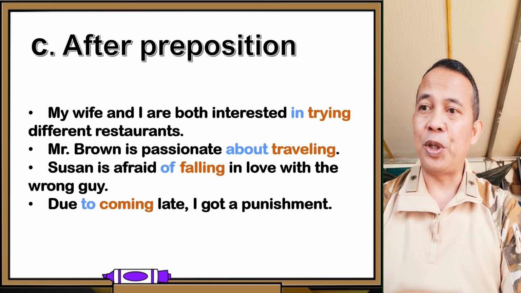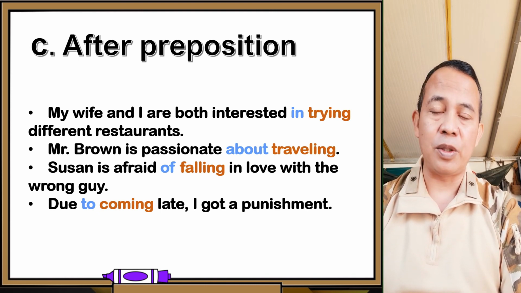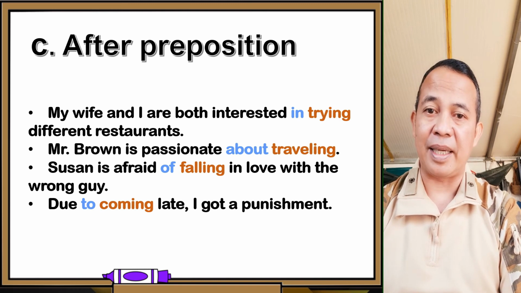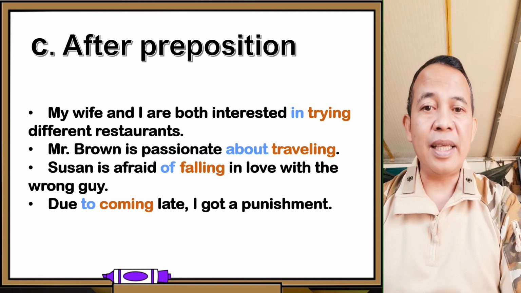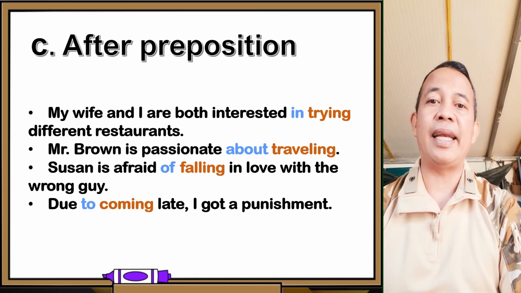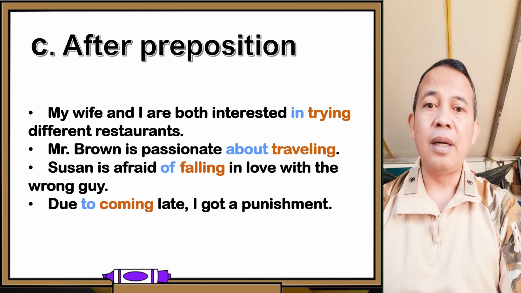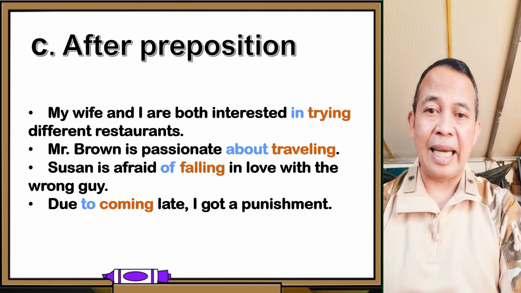So you cannot say due to come late or due to I come late. Both of them are not grammatically right. The only thing you can say whenever you use due to is to add a noun after it. For example, due to the examination, or due to the program, or due to the class, right?